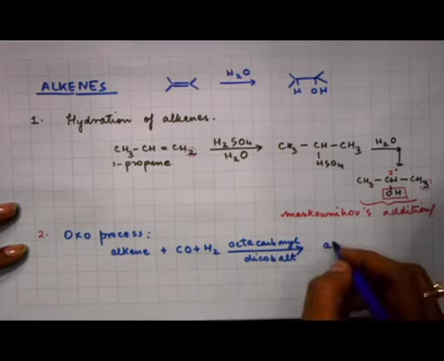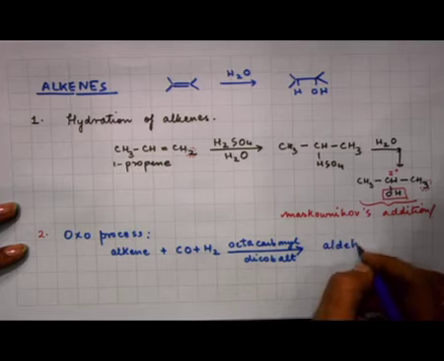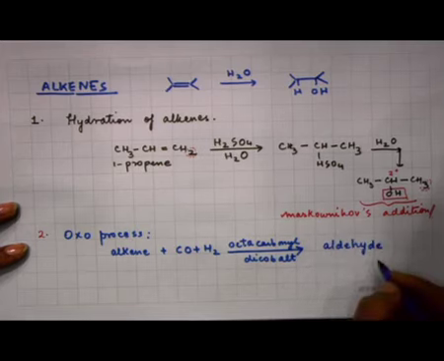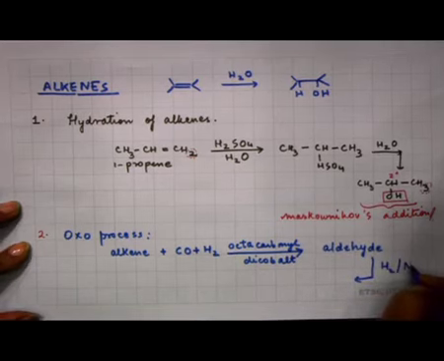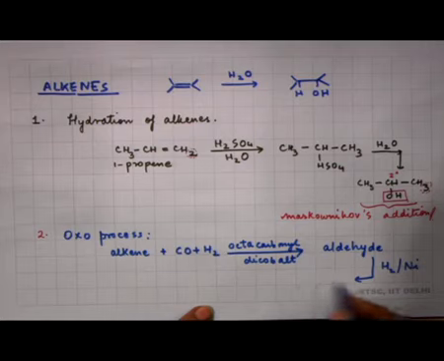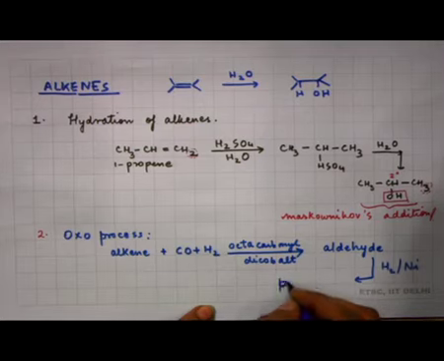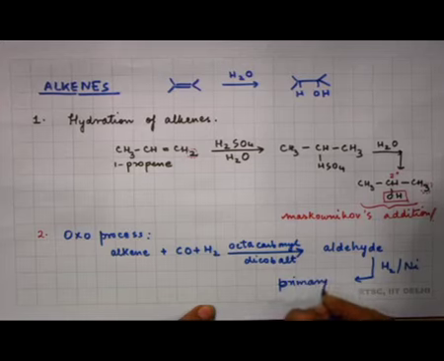There is an intermediate formation of an aldehyde, which is subjected to reduction with hydrogen gas and nickel as the catalyst, and this furnishes an alcohol, and the alcohol is a primary alcohol.